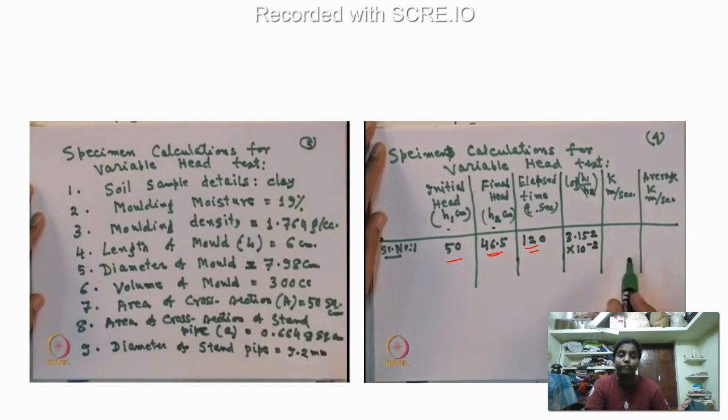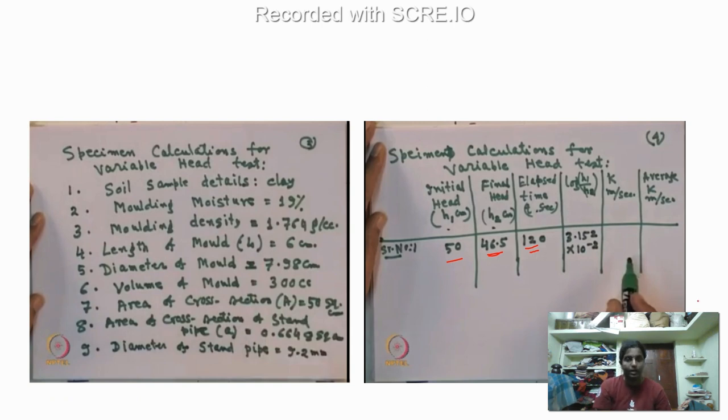So again, why is falling head method not suitable for coarse grained soil? In coarse grained soil, if you are going to conduct falling head, you know that the water is going to flow at a very fast rate. So from 50 to 46.5 or any value, it will come in 1 second or within a fraction of a second, I can tell. Within 1 or 2 seconds it will come, it is flowing at a very fast rate.